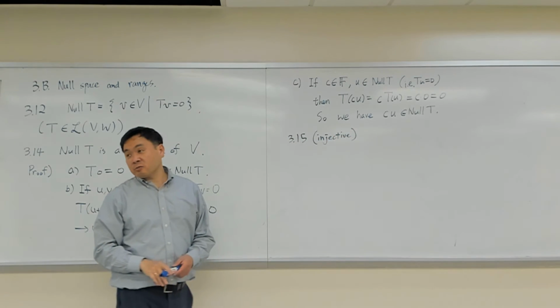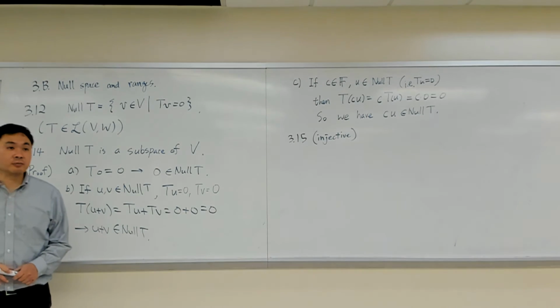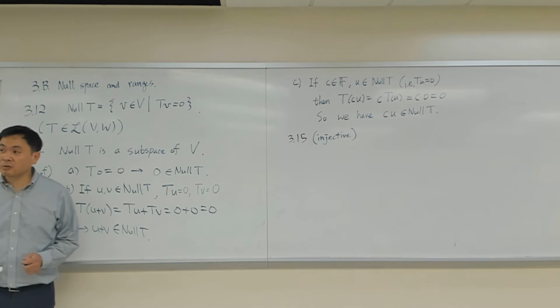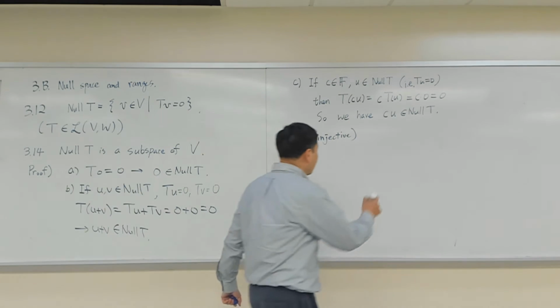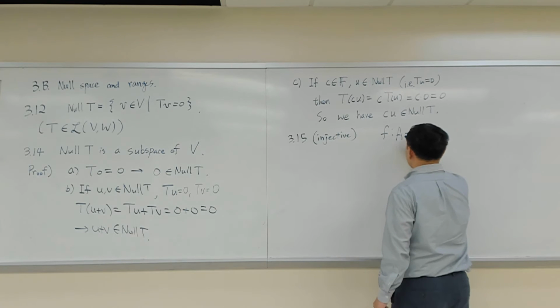Can somebody explain to me what injective means? What's injective? Is that if an element in the set A equals an element in the... So if you have a function from A to B, what about it?